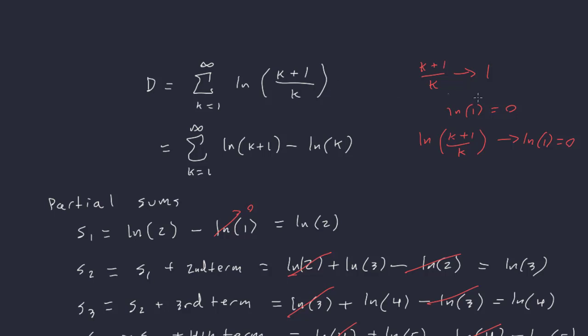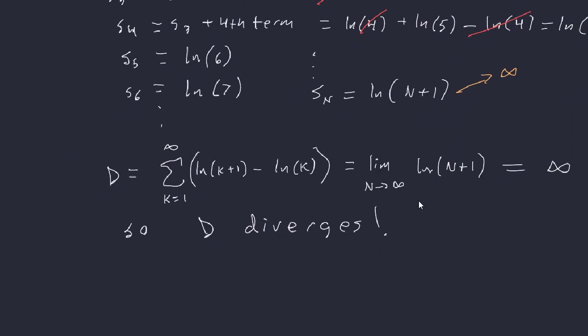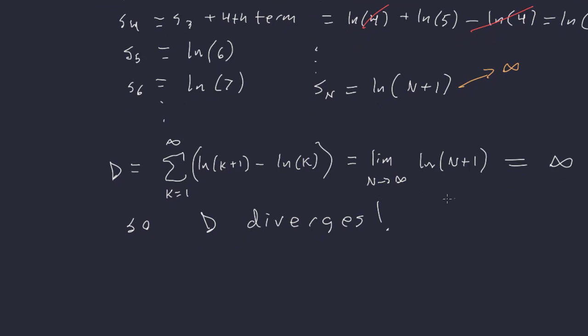This is an important example because the terms themselves, just this term all by itself, are going to go to 0. However, the terms do not go to 0 fast enough to cause summing them all up to converge to something finite.